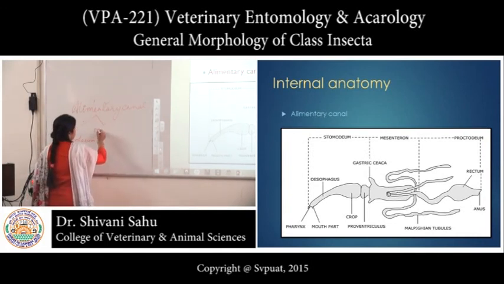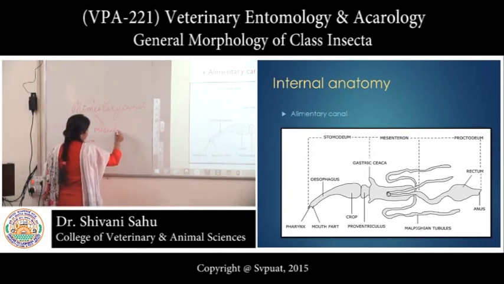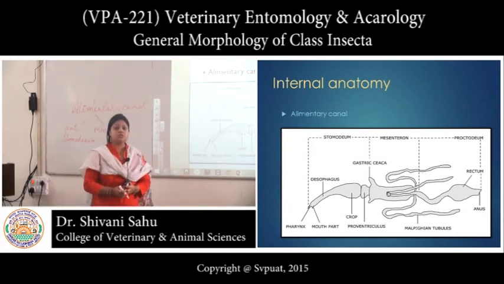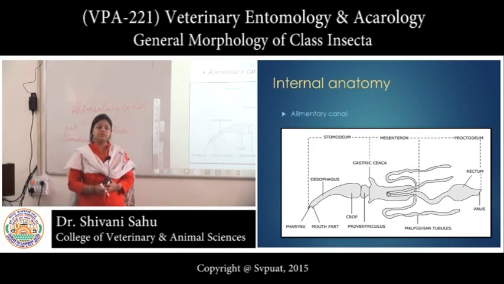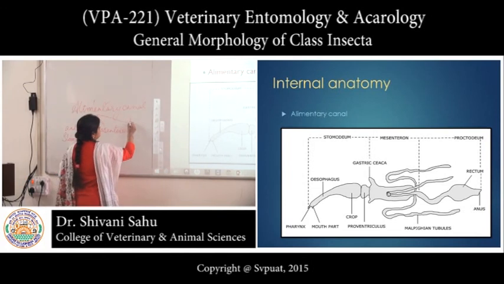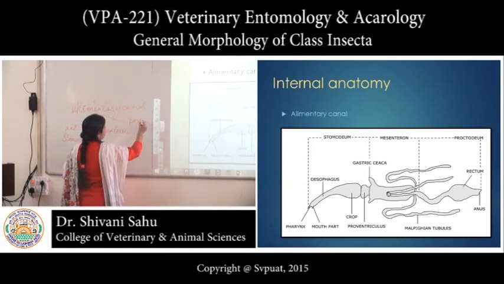Then mesenteron, it forms the midgut. Now posterior to this mesenteron there are Malpighian tubules, which are the organs of excretion in insects. Then the third segment is the posterior segment known as proctodeum.